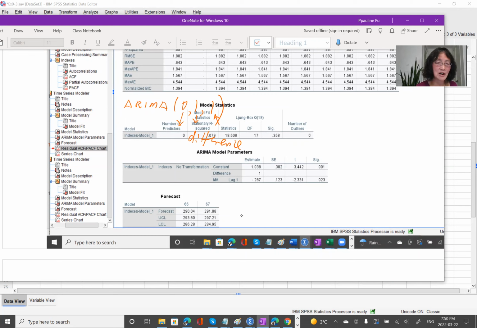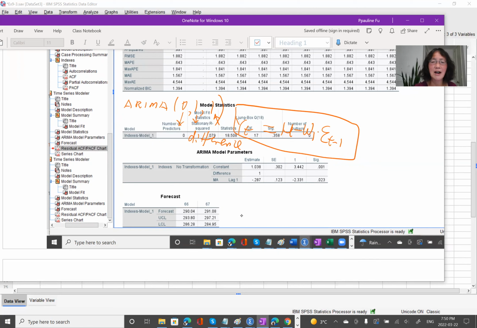Remember, what does the moving average mean? Moving average means you relate y_t with the error term. It is equal to mu minus omega 1 times epsilon t minus 1.